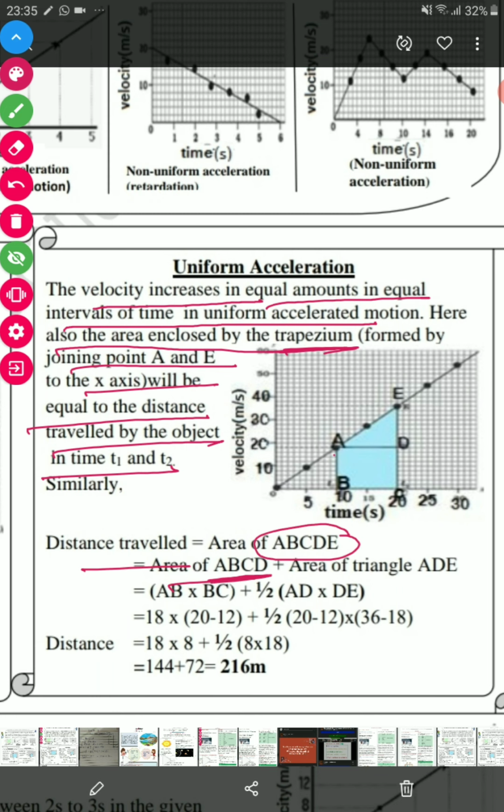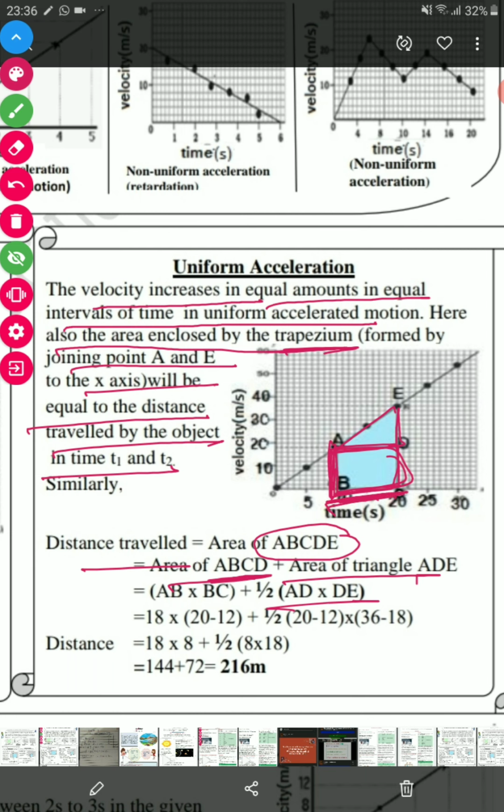By this we have rectangle ABCD and the area of a triangle, where we have the formula half base into height. So in this case, first we will calculate the area of rectangle ABCD, AB into CD, or BC.